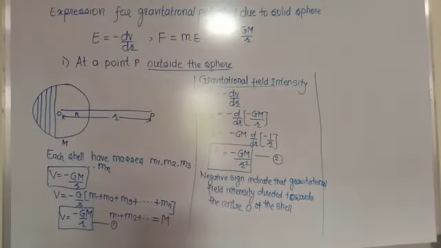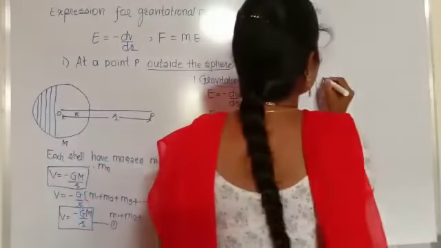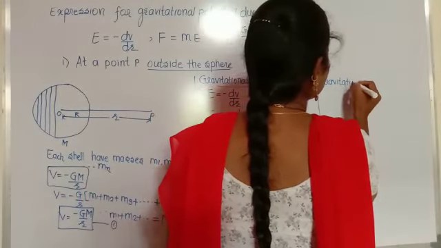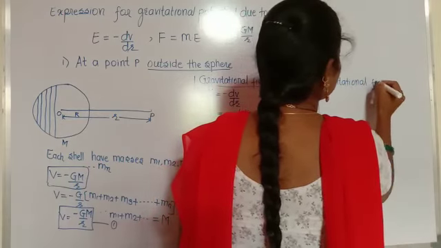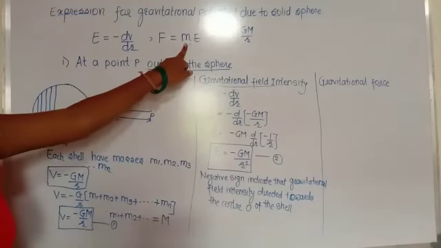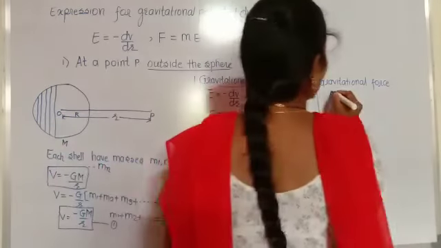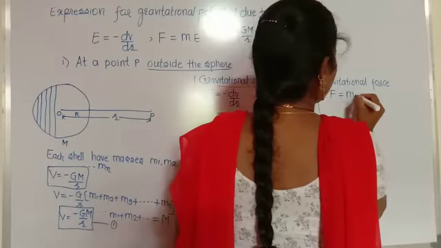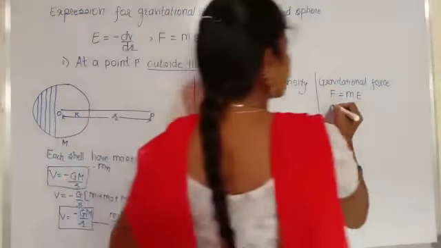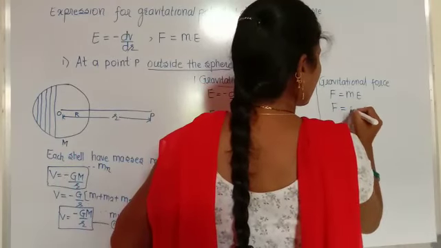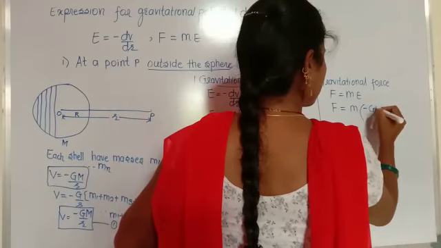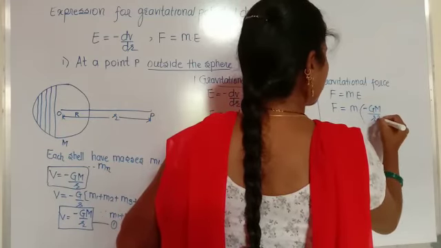So next one is the gravitational force. We know that gravitational force F is equal to m into E. So put the value of E, that is minus GM by r square.